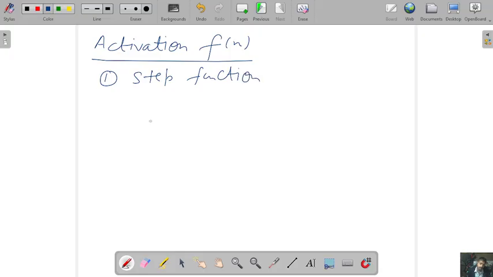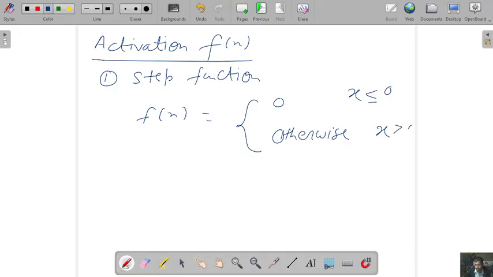What is step function? f of x is 0 if x less than or equal to 0, okay, and 1 otherwise, x greater than 0.